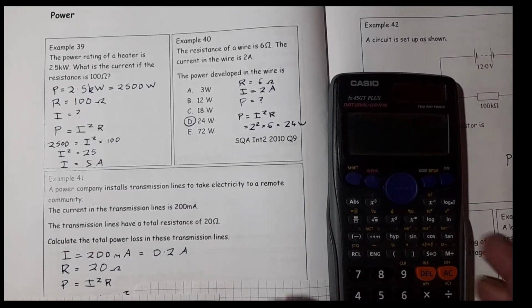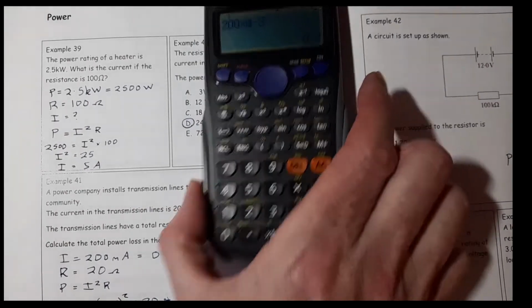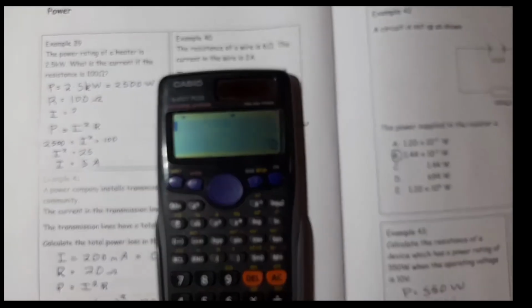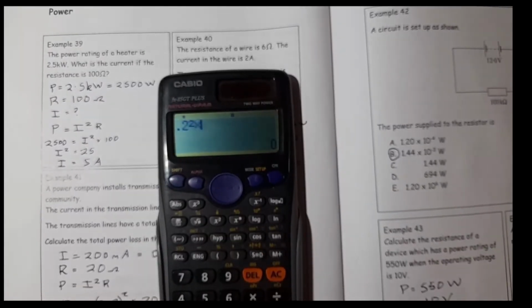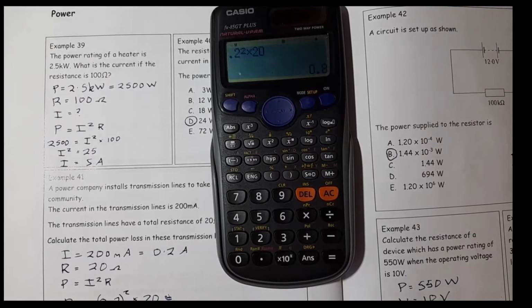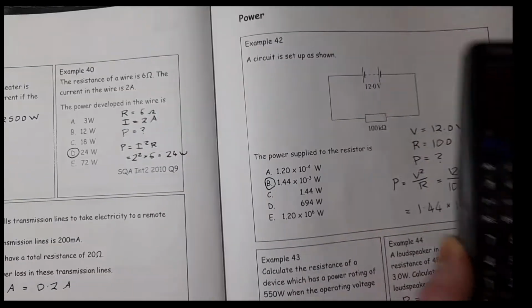That has to be fed into P equals I squared R. So the equation becomes 0.2 squared times by 20. So 0.2 squared times by 20 is 0.8, and then the unit being the watt. So that's that one.